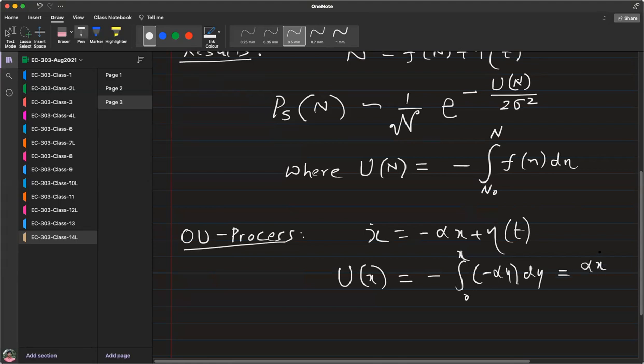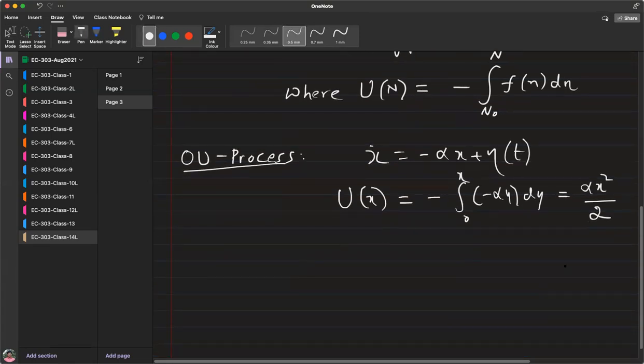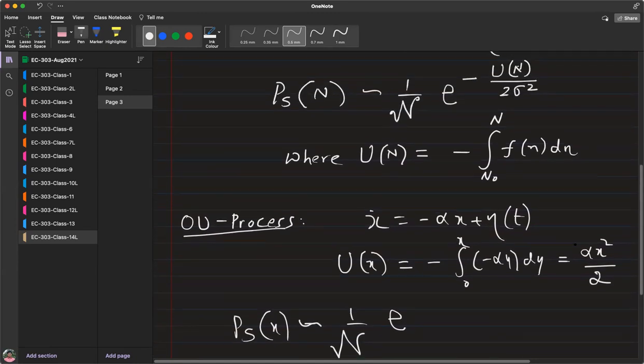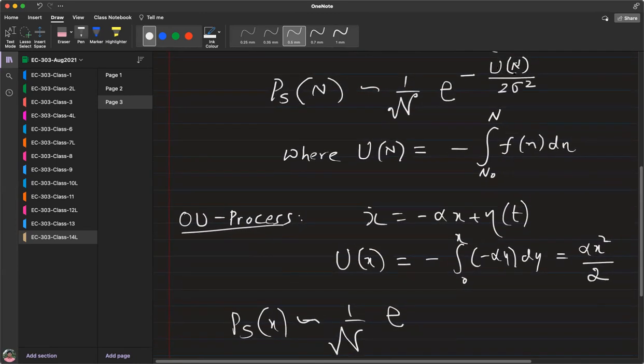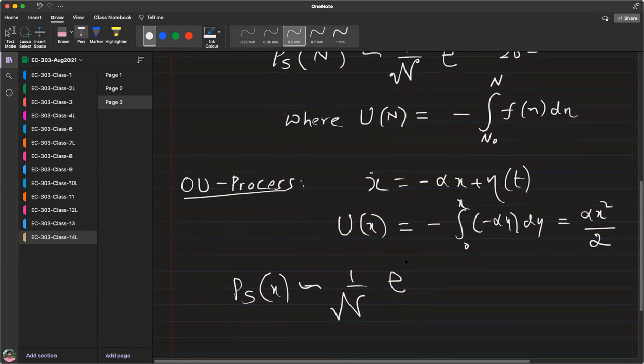It will be alpha x squared by 2. Now, therefore, what will be p_s of x? I'm not going to worry about the normalization constant. So u of x is alpha x squared by 2. If I now replace u, I get e power minus alpha x squared by 4 sigma squared.